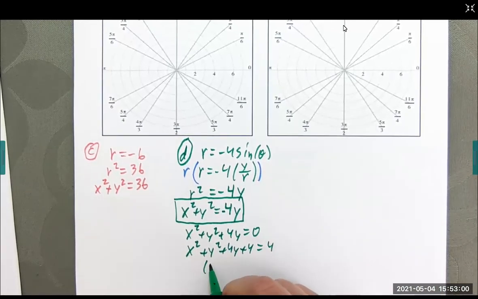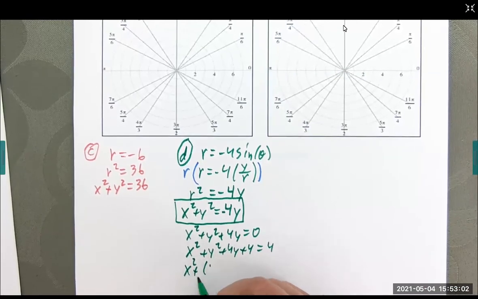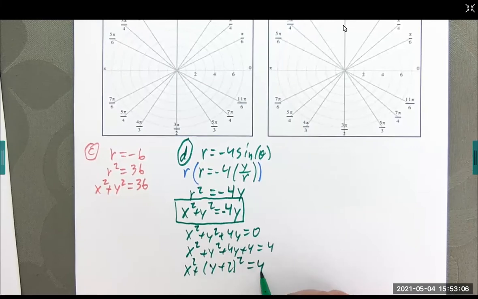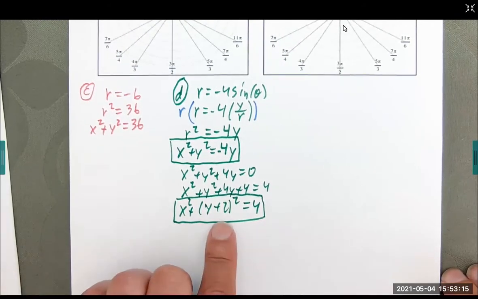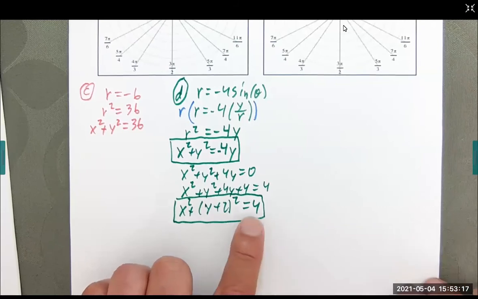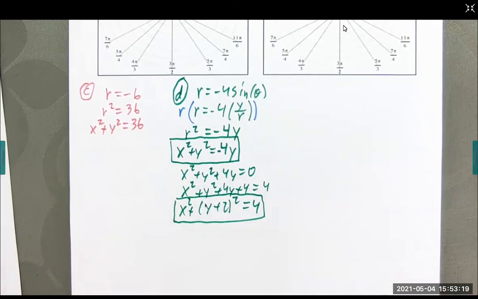This becomes x squared plus y plus 2 squared equals 4. And again, you can see it's the same as the one above. But in this case, we can see that it's a circle where the center is at 0, -2 with a radius of 2. Just a little bit more clear, I think.